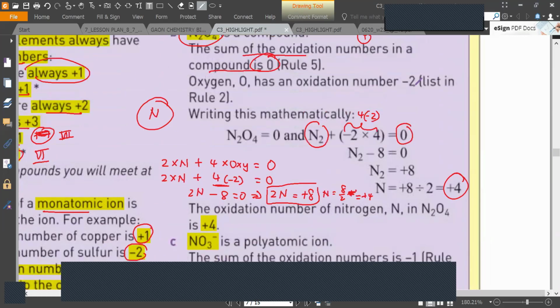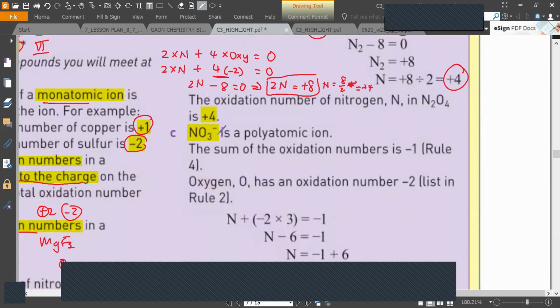You see, just now the N2O4 was 0. But this one, we can see a negative charge here, which means this NO3 overall is negative 1. So we have 1 nitrogen plus 3 oxygen equal to -1 because overall is -1.